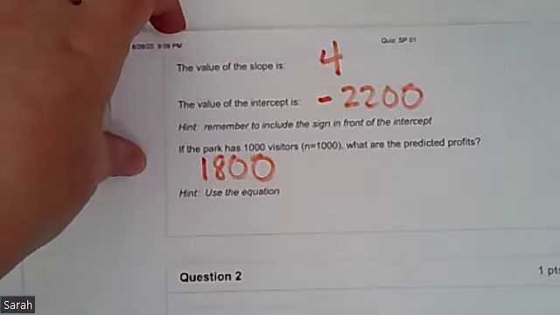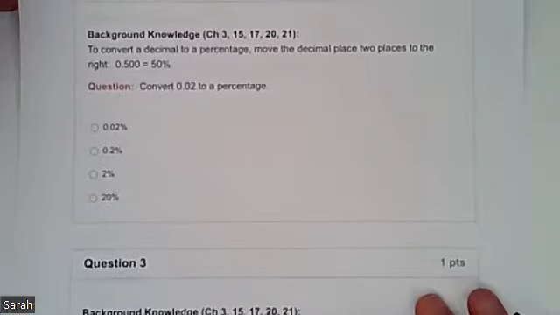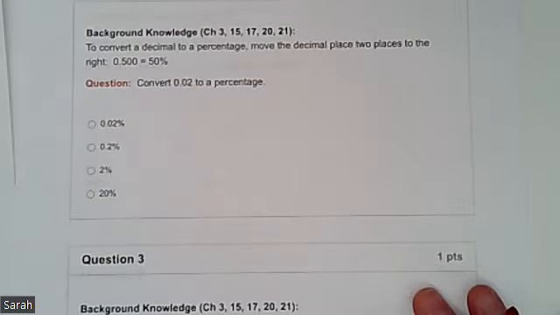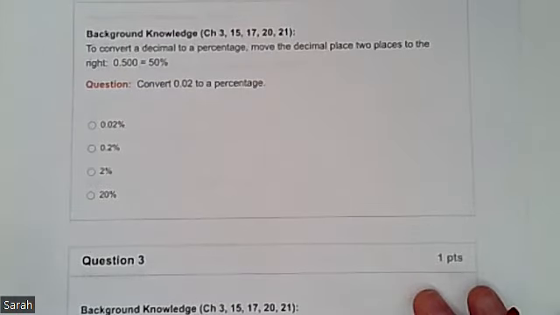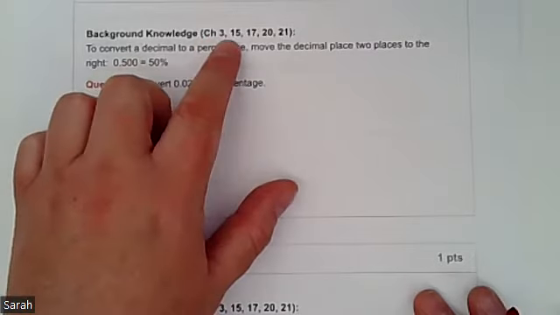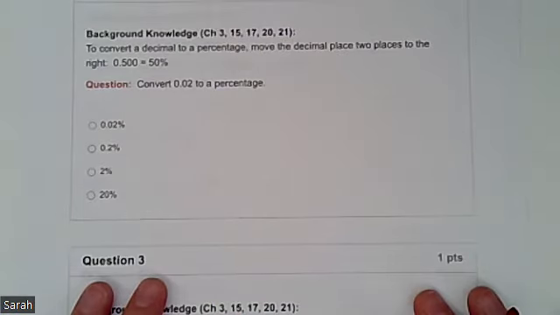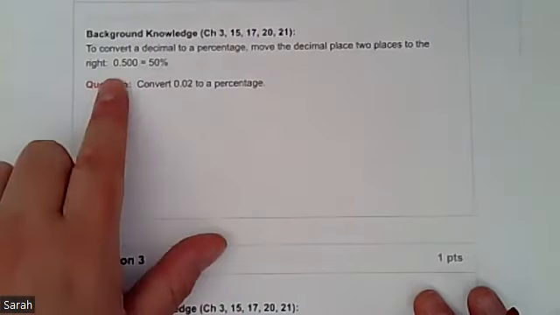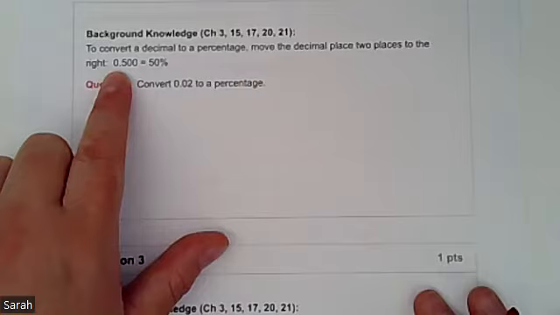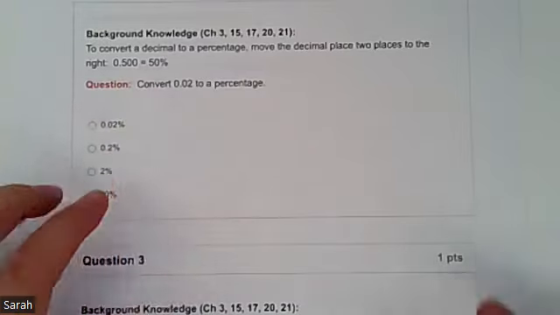All right, the next two questions have to do with converting percentages to decimals and decimals to percentages. This is going to show up a lot in the second half of the course. So chapters 3, 15, 17, 20, and 21, so quite a bit. To convert a decimal to a percentage, we're going to move the decimal place 2 places to the right.